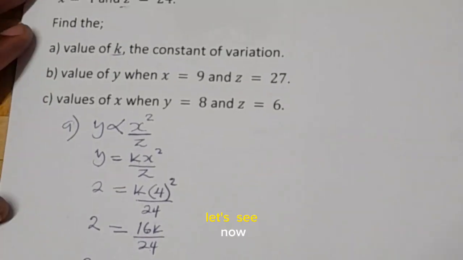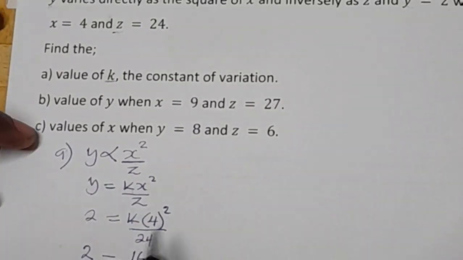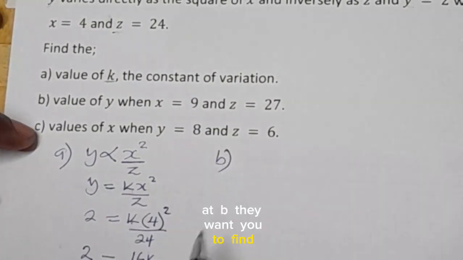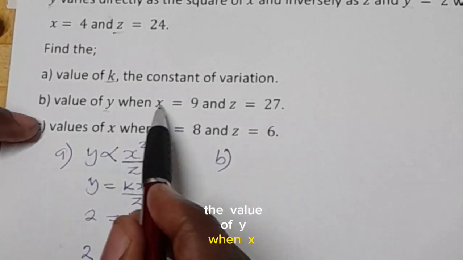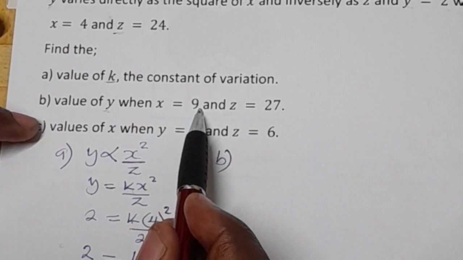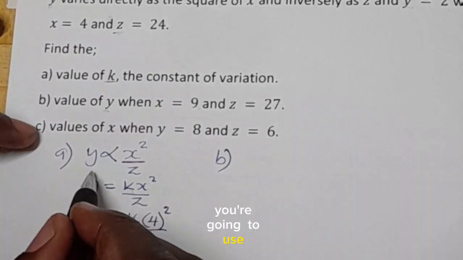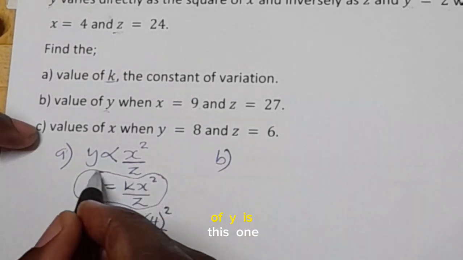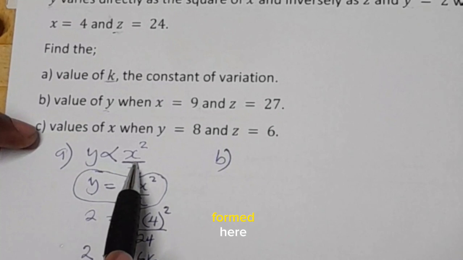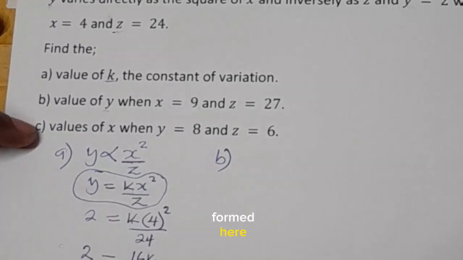Okay, let's see now. Next, at B, they want you to find the value of y when x is 9 and z is 27. The equation that you are going to use to find the value of y is the one that you formed here.